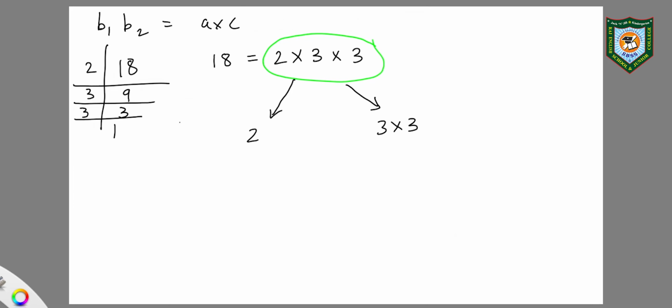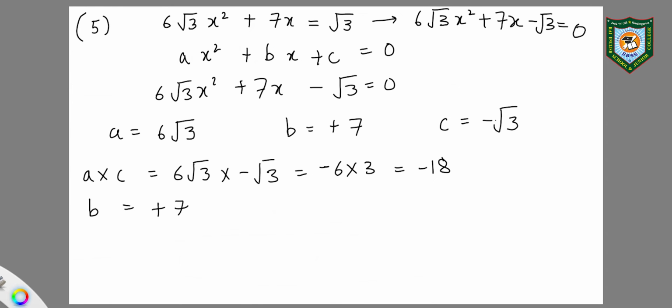The product will always be 18, as we can see. All we have to check is if their addition is plus 7, as b1 plus b2 has to be equal to b, and our b value here is plus 7.